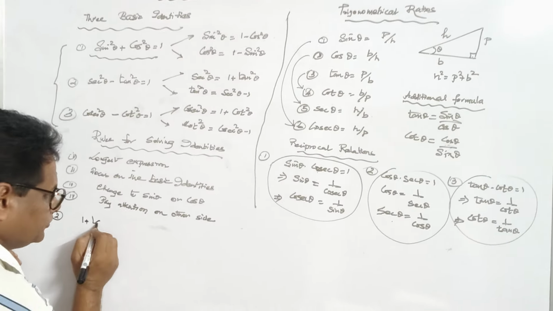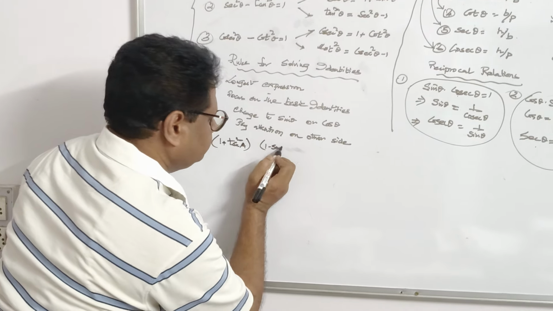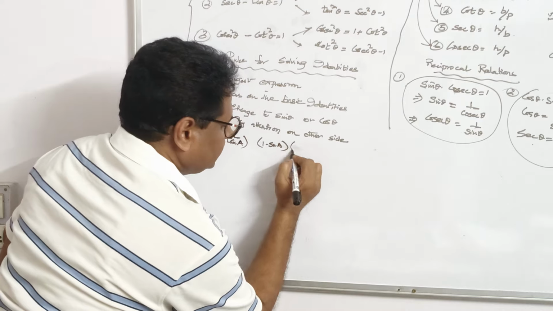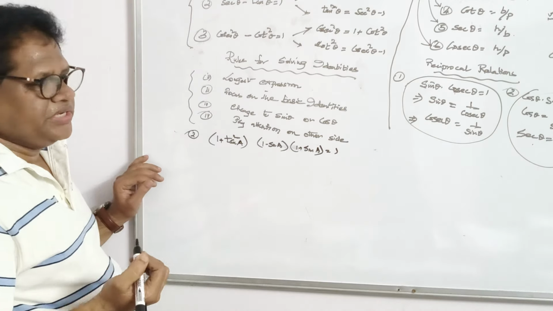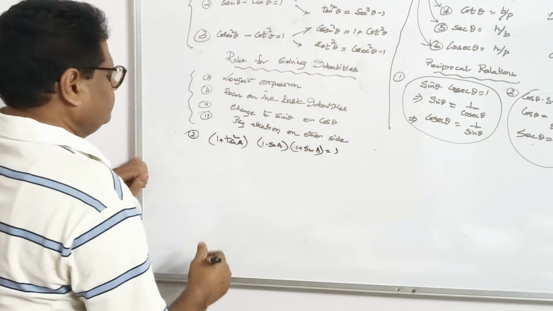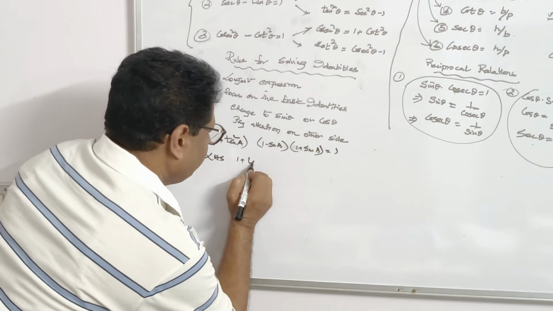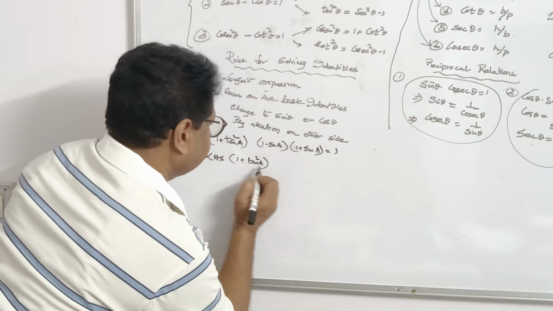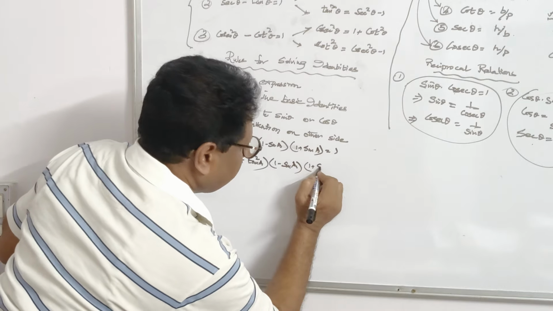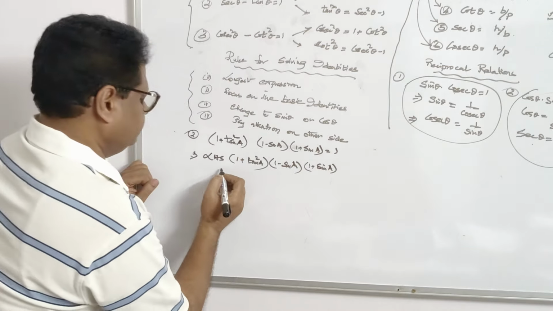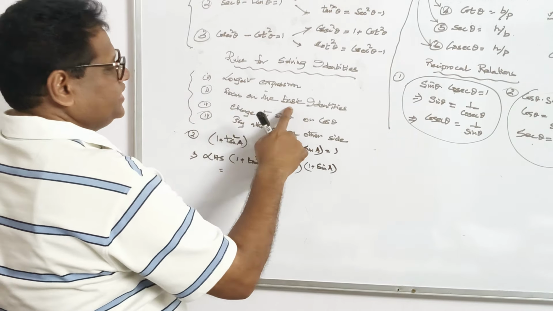(1 + tan square A)(1 - sin A)(1 + sin A) equals 1. Obviously the longest expression is the left hand side, so we are placing the left hand side, that is (1 + tan square A)(1 - sin A)(1 + sin A). Now as I told you, after selecting the longest expression, focus on the basic identity.